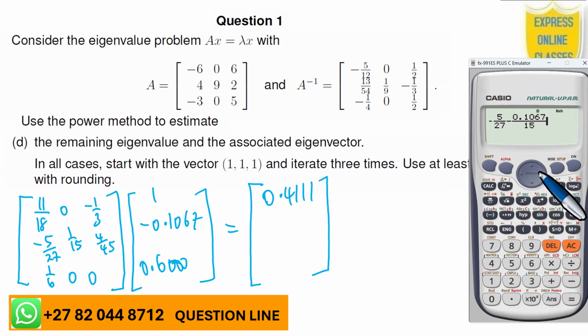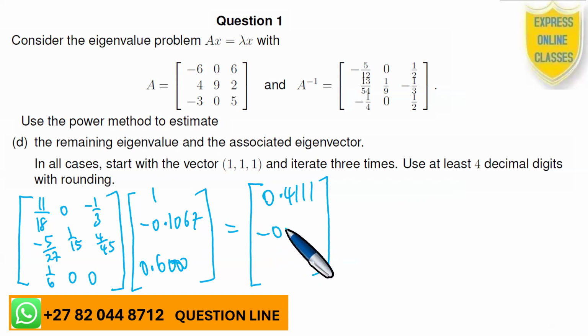Right, so 0.6 times, divided by 45, which is now we're getting minus 0.1390.